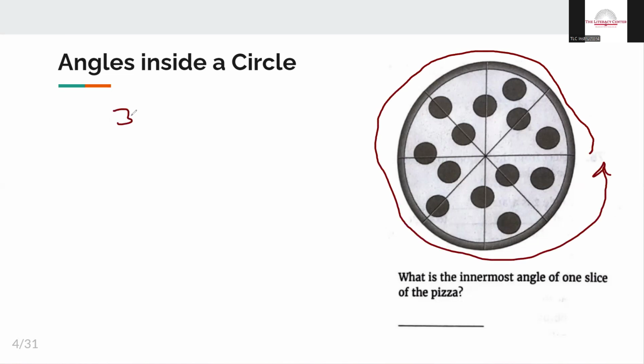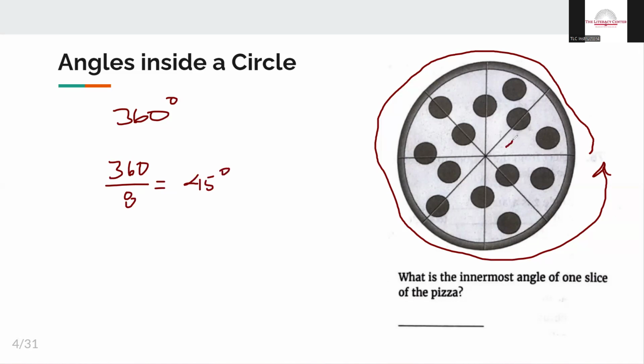That is 360 degrees. So now we just have to divide that up into the number of pieces. 1, 2, 3, 4, 5, 6, 7, 8. There are 8 pieces. 360 divided by 8 is 45 degrees.